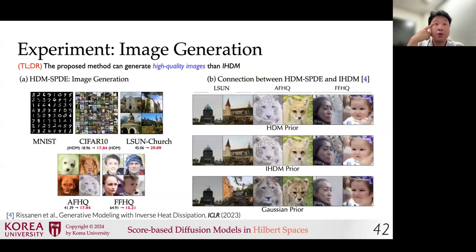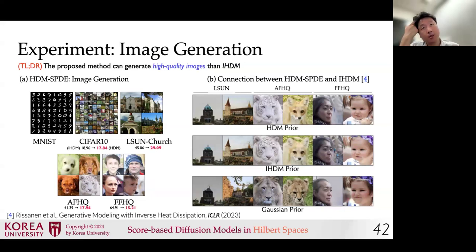Now we are going to show some results on the image generation task. As we already mentioned, our work builds a bridge between the inverse heat dissipation model, IHDM, and score-based generative models using a parabolic stochastic PDE. Since our method can utilize various scheduling, we can improve the performance of IHDM in terms of FID score.